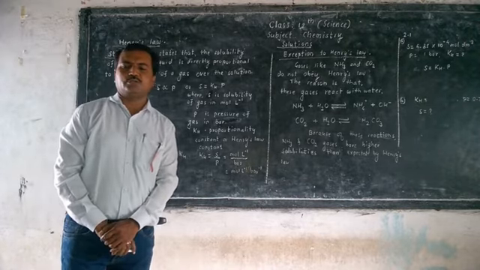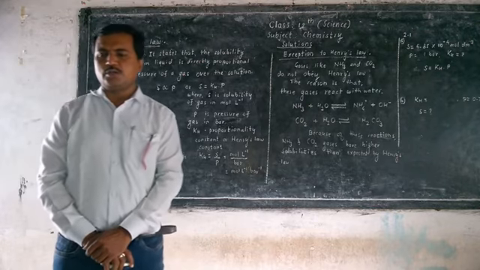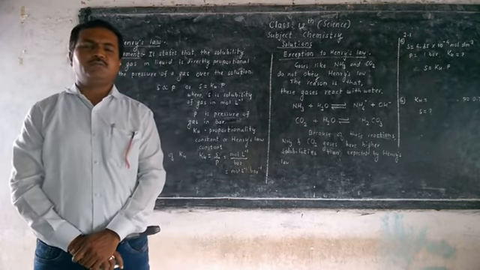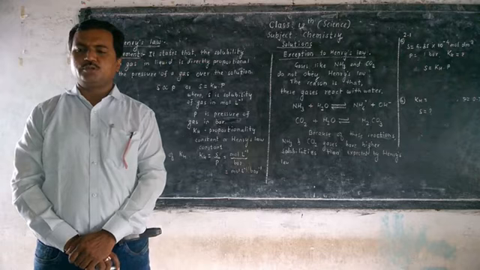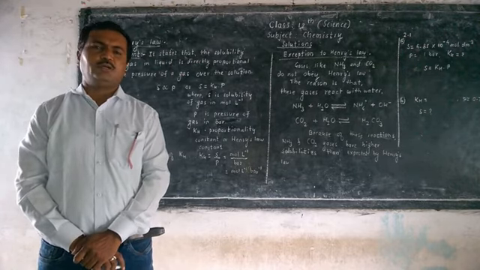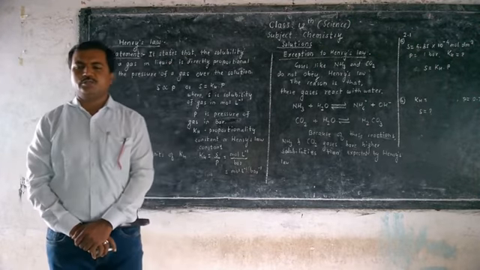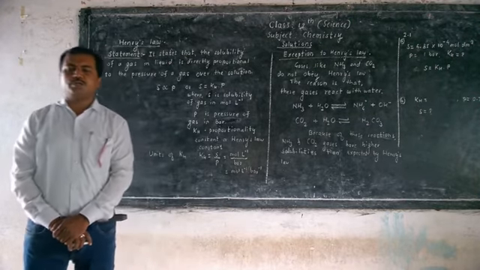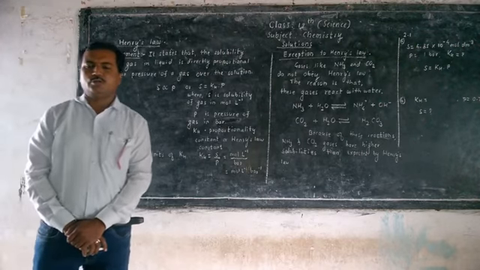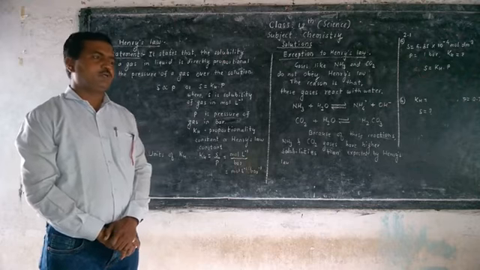A solution containing greater than the equilibrium amount of solute is said to be a supersaturated solution. And solubility: solubility of a solute is its amount per unit volume of saturated solution at a specific temperature.